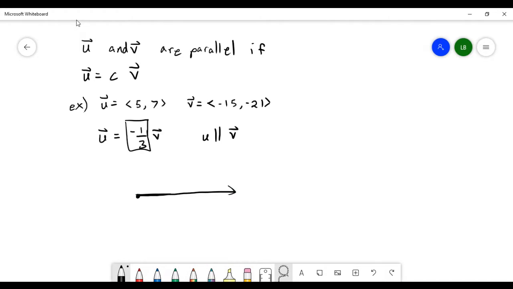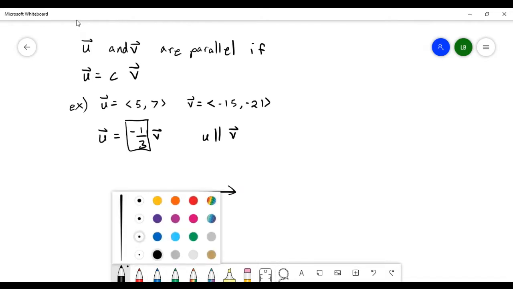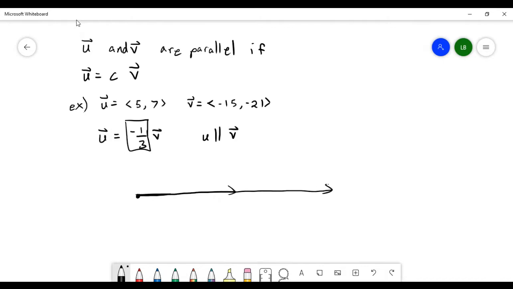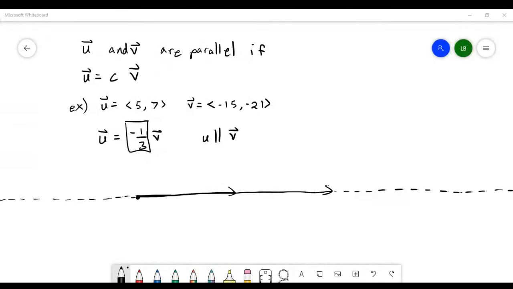So if we said twice this vector that I've drawn right here, it would just be stretching it by a factor of 2. So it would look like that and just expand along the same line. And if we multiplied it by basically every number, we could end up at any point along this line. So as long as the vectors have the same direction, we can say that they're parallel, and that's really all that this is checking. Any questions so far?